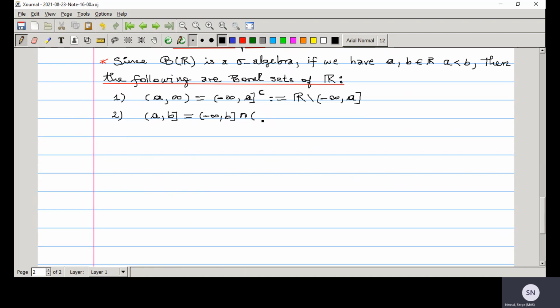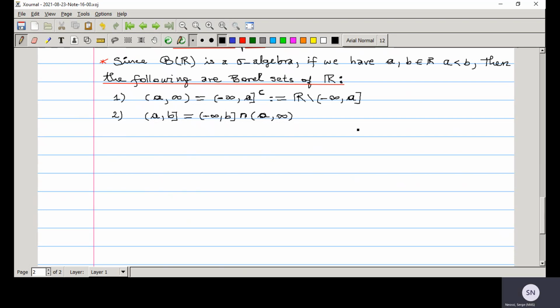So the intersection with the open interval, open at A to infinity, is an element of BR, and this is an element of BR, and this is an element of BR from the first result.